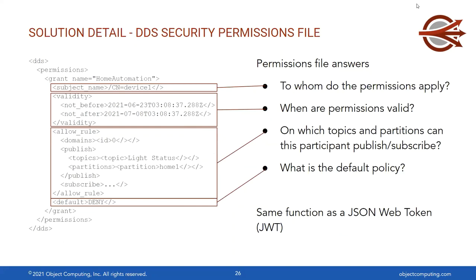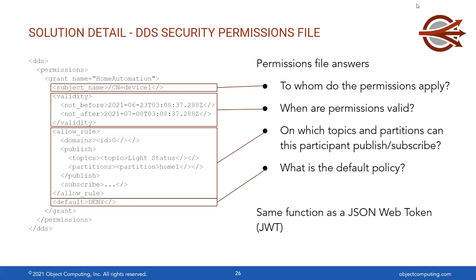We haven't mentioned partitions yet, but partitions are a way to decompose the global data space in a way that's orthogonal to the topics. So in this particular case, our application would have different partitions for the various homes that each user has. In that case, two people that both have the app are not going to be able to control each other's equipment. Rather, it's going to be isolated.